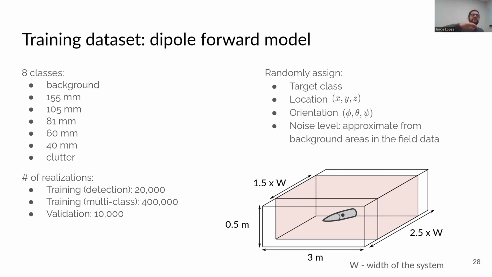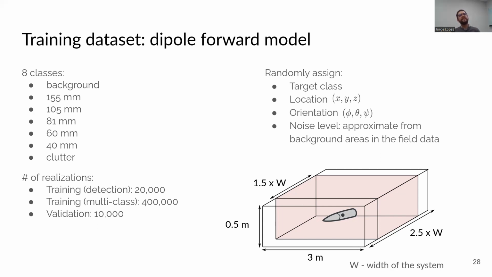If you see the object too much from the side, we're training the neural network to classify that as background. So this red box is all that will be labeled as UXO, and when the UXO is in these white parts, the training data set labels that as background.